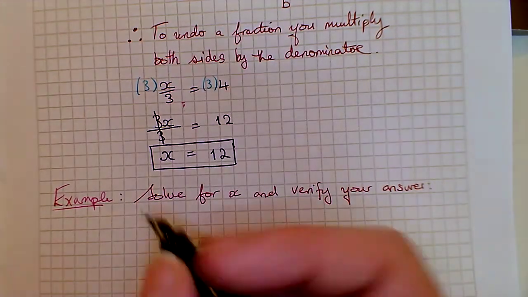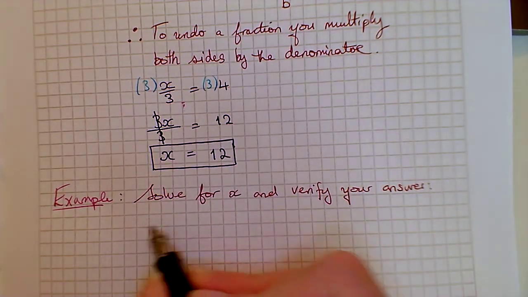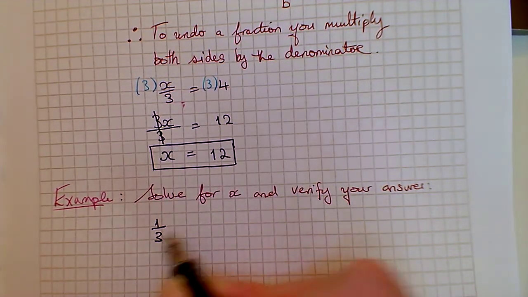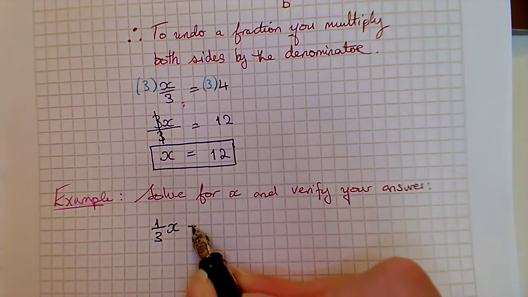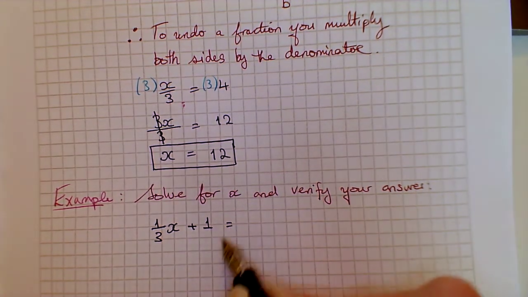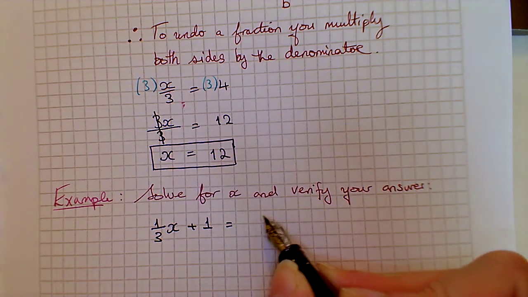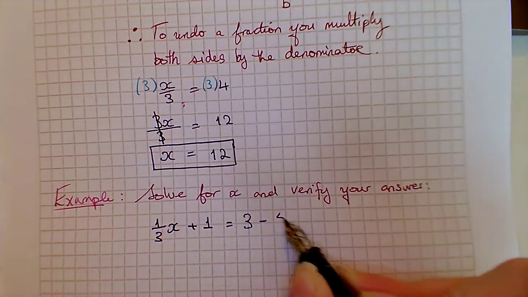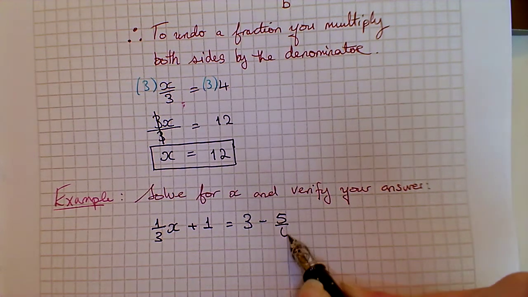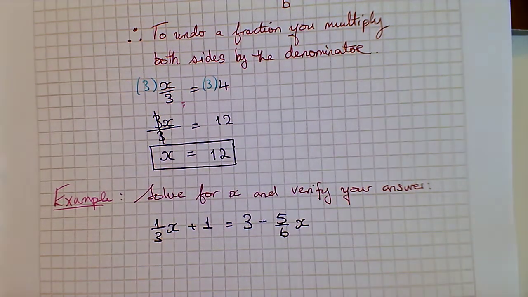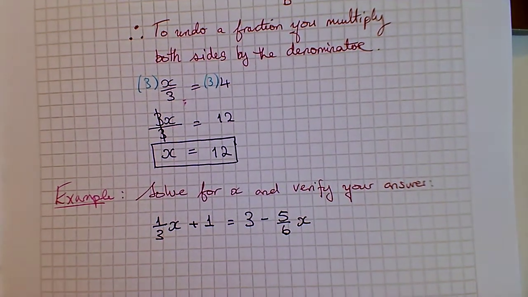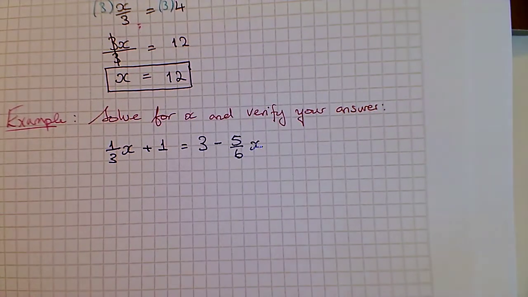We're going to have 1/3 x plus 1 equals 3 minus 5/6 x.